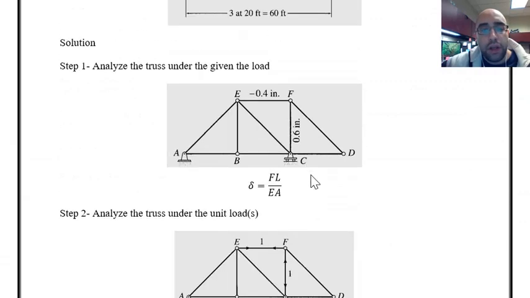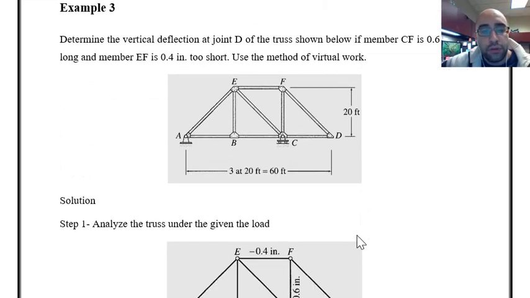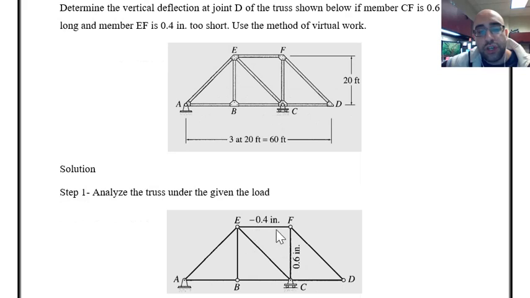The only thing that might seem a little different than the other examples is just the type of loading. Again, the forces that we have in the members are because of the change in the length. Because of the initial error, some members are too short or too long. This is how we should put them as the loading in the truss.